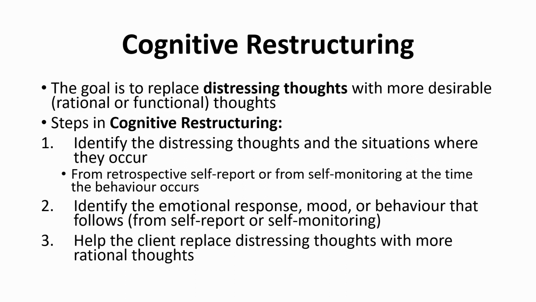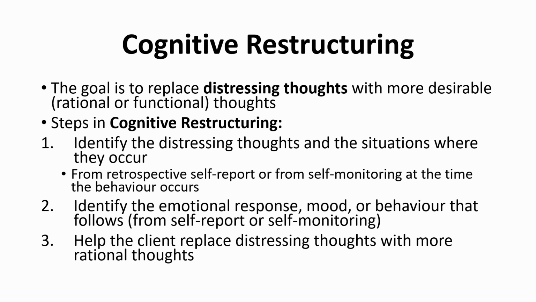So the basic steps of this cognitive restructuring, of course, start off with identifying the problem. So identify the distressing thoughts and the situations where those thoughts occur. There are two major ways that you can do this. You can use a retrospective self-report or self-monitoring.